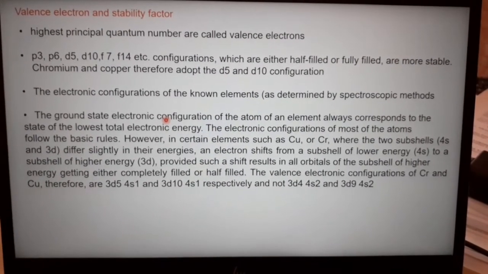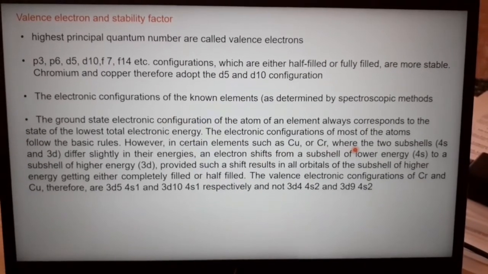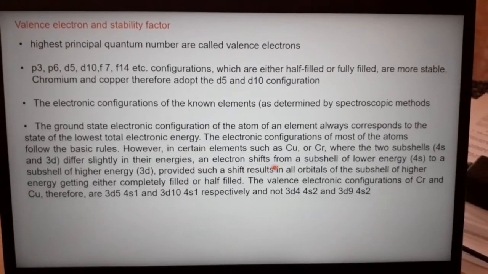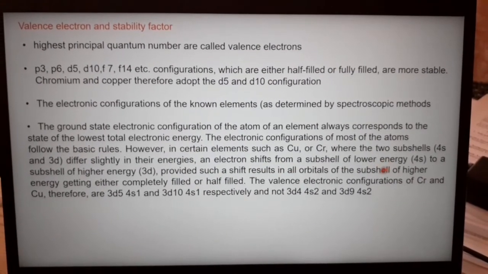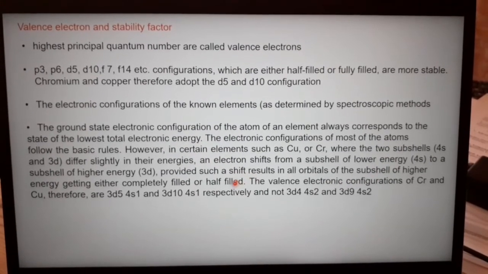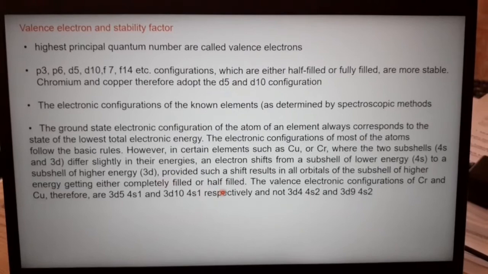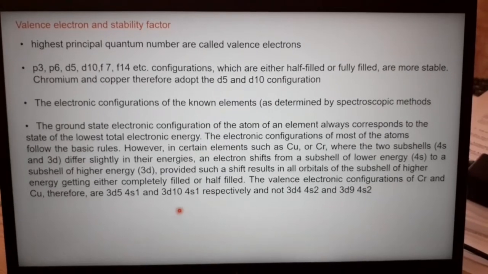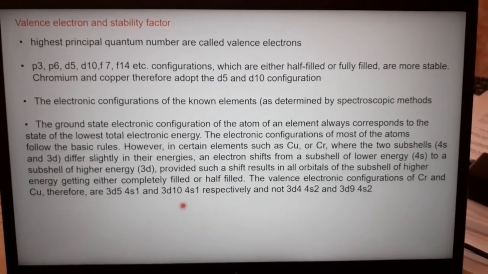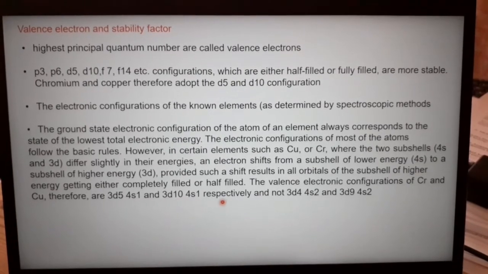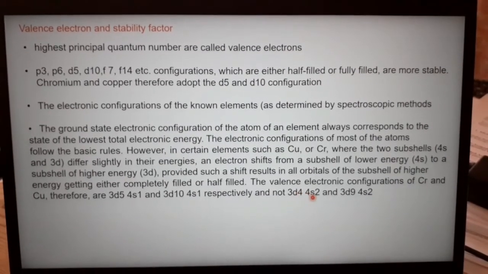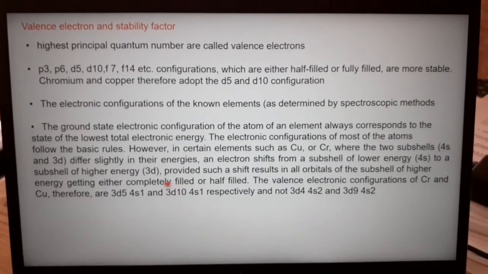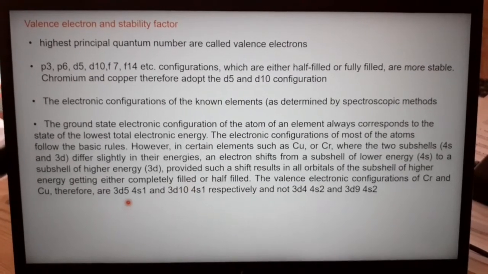However, in certain elements such as copper and chromium, where two subshells differ slightly in their energies, the electrons shift to the subshell where the lowest energy is possible, provided the maximum spin multiplicity, and it is filled by a half-filled or fully filled configuration. Here you can see chromium and copper occupy 3d5 and 3d10, half-filled and completely filled configurations, not d4 and 4s2, d9 and 4s2, right? It will first occupy the fully filled or half-filled configuration.